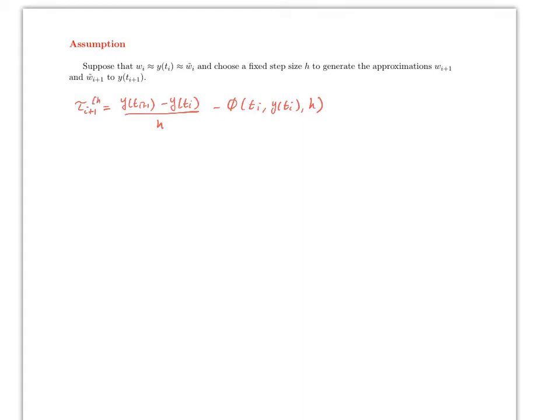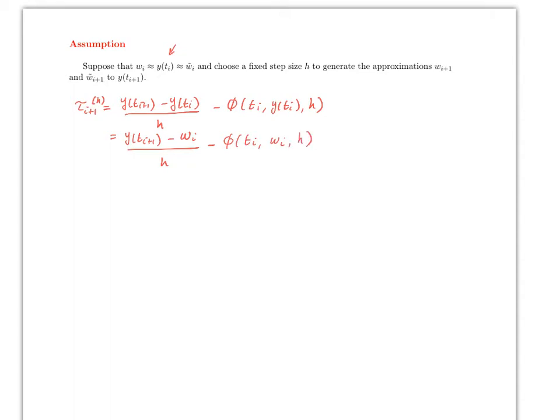Then, based on this assumption, this should be (y(t_{i+1}) - w_i)/h - phi(t_i, w_i, h).